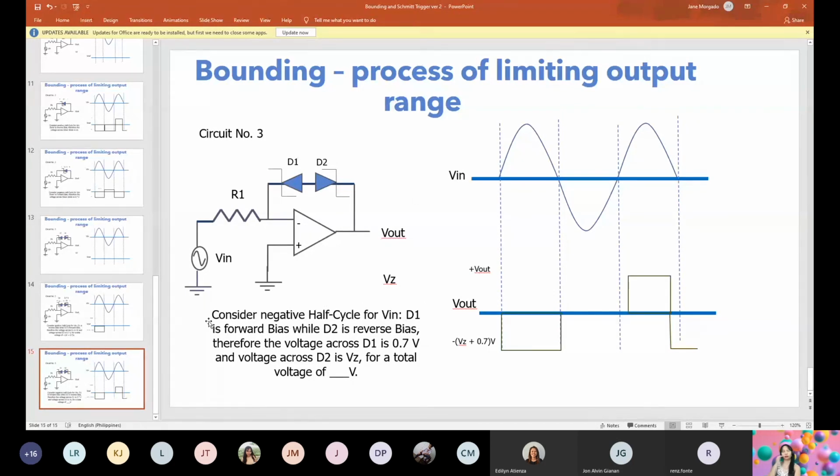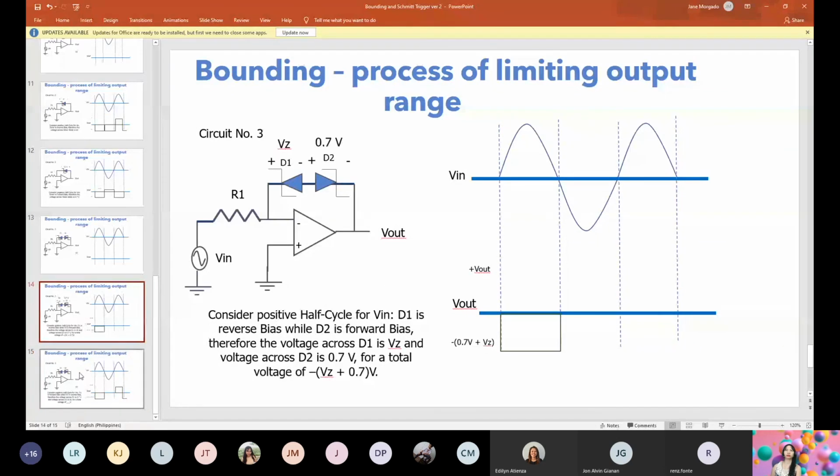When the time comes in an interview, you will be asked repeatedly, wherein the answers hang on whether it is forward or reverse bias. Voltage across D1 is 0.7 whereas the voltage across D2 is VZ.